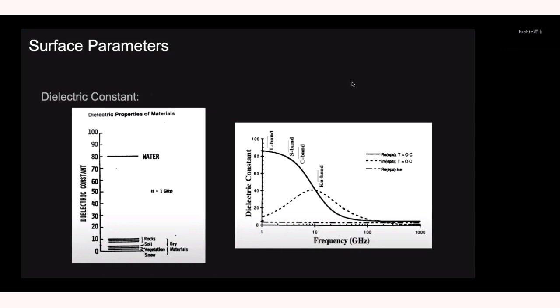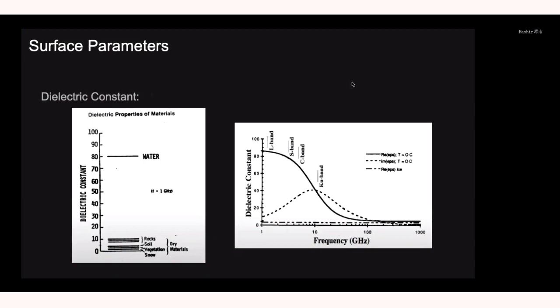Okay, let's start with the dielectric constant. A dielectric constant is a fairly complex phenomenon, but in simple words, it is the measure of the electric properties of any surface material. Actually, the presence and absence of moisture drives the dielectric.